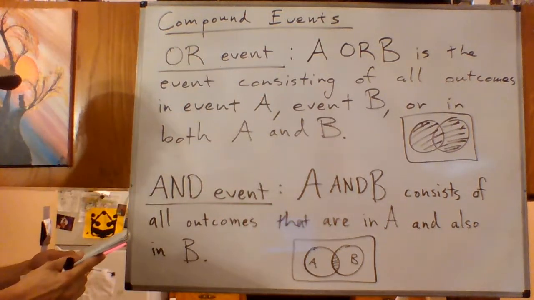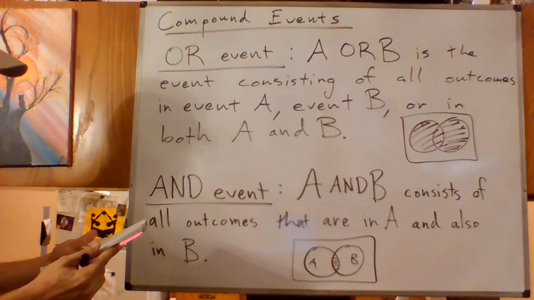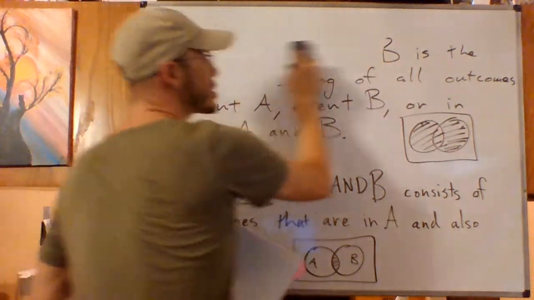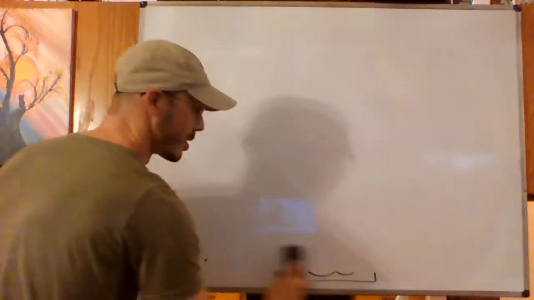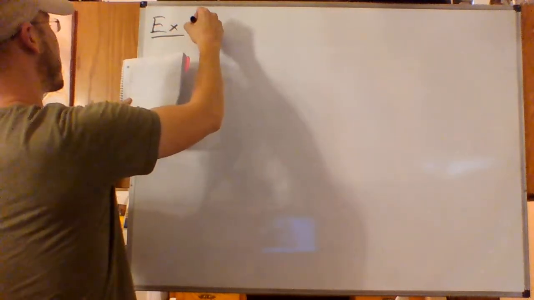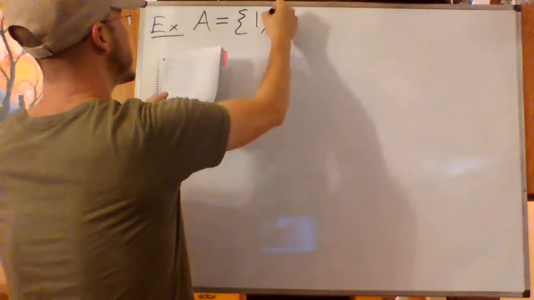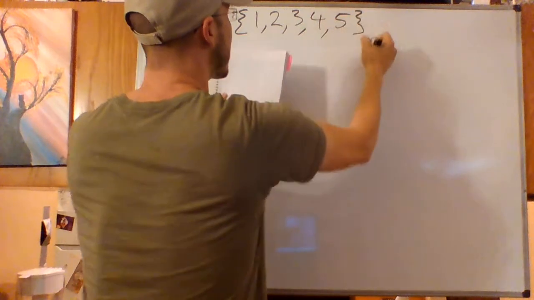And I have an example to demonstrate these. We'll just look at these two for this first example to demonstrate the compound events. For this example, I'm going to have my event A be the outcomes 1, 2, 3, 4, 5.